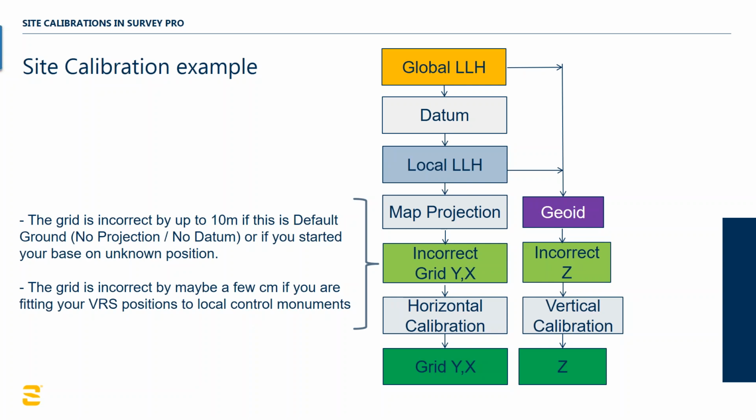We get an elevation based on our geoid, but it doesn't match my control in the street right in front of me. So I then do a horizontal and/or vertical calibration to actually get to my destination datum. So if you do the math there, you're looking at like 14 or 15 parameters of transformation that actually needs to occur to get to your target coordinate system or datum.